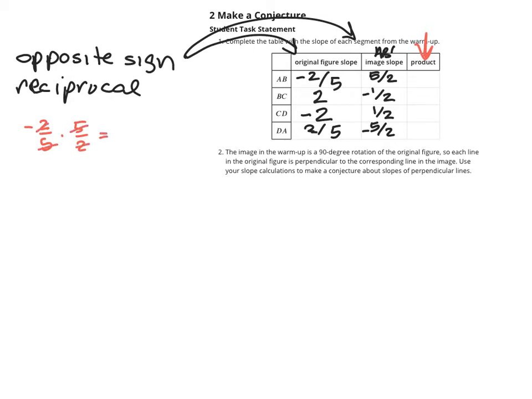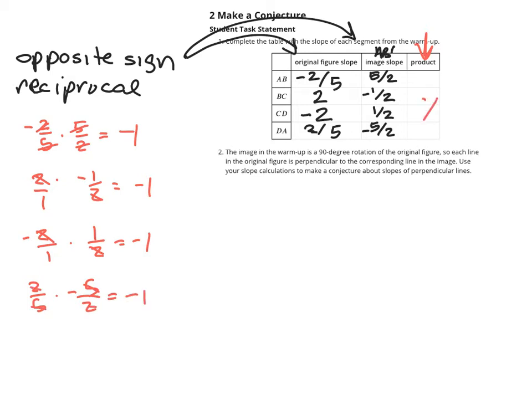Cancel, cancel, -1. 2 times -1/2. So 2/1, cancel, cancel, -1. Do you see a pattern here? -2/1 times +1/2. And 2/5 times -5/2. Cancel, cancel, -1. The product is -1 for all of them.